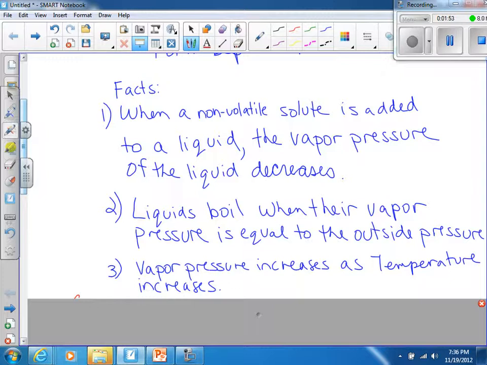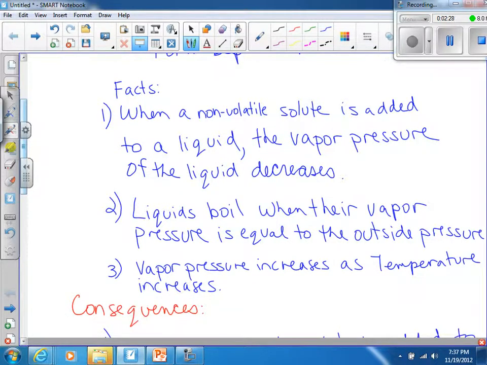If I put a liquid into a closed container, and I let that liquid come to equilibrium with its vapor phase, and I can measure the gas pressure above the liquid, that gas pressure would be considered the vapor pressure. Well, if I heat up that closed container, hopefully you realize you will get more gas molecules in the vapor phase, so the vapor pressure would go up.